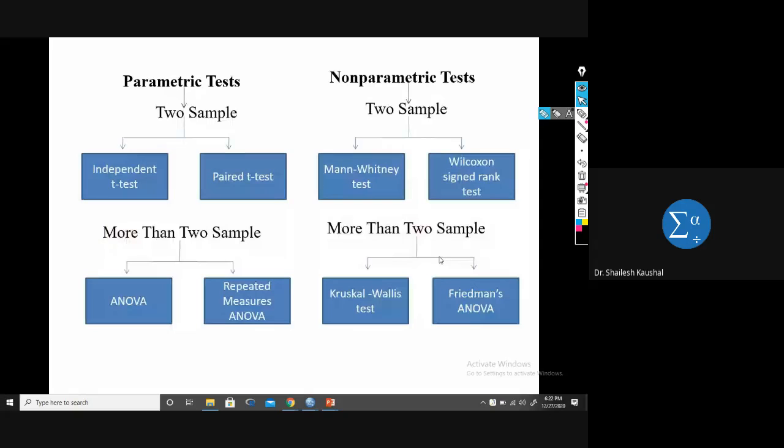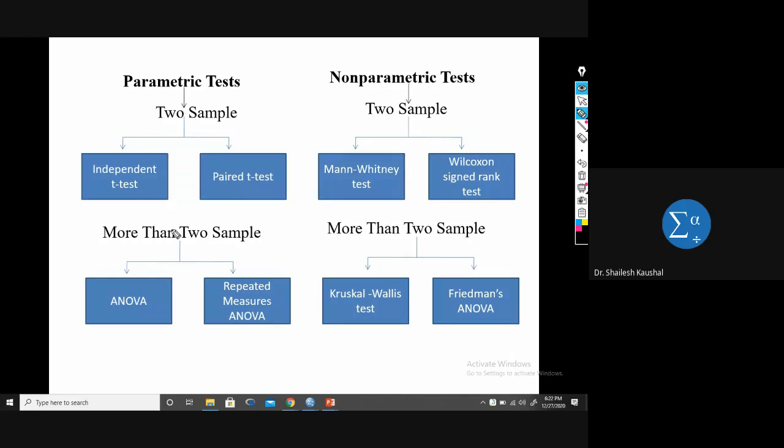Next, the parametric and non-parametric test. Today we will discuss parametric and non-parametric tests. What is the difference between parametric and non-parametric? Here you see two samples, and here more than two samples.